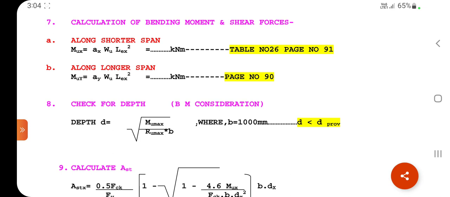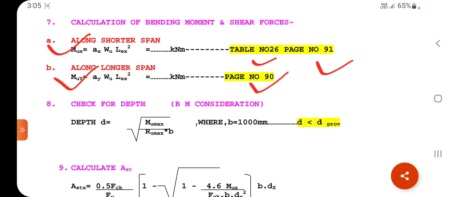How to calculate the bending moment in the Mux and Muy directions? It is done from table number 26 on page number 91 and page number 90.